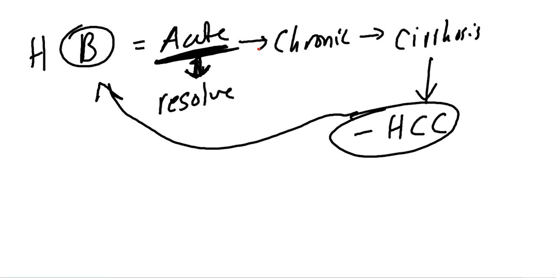It can become chronic. Those that become chronic can eventually have a form of cancer. So yes, it's a small chance. However, hepatitis B infection can develop cancer. Now you can also get that for others as well, but hepatitis B is going to be your main one. But hepatitis C, for example, can also cause hepatocellular carcinoma.